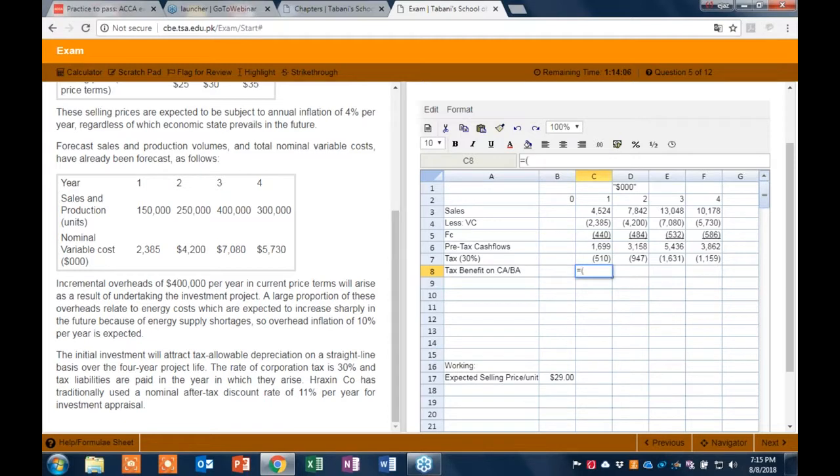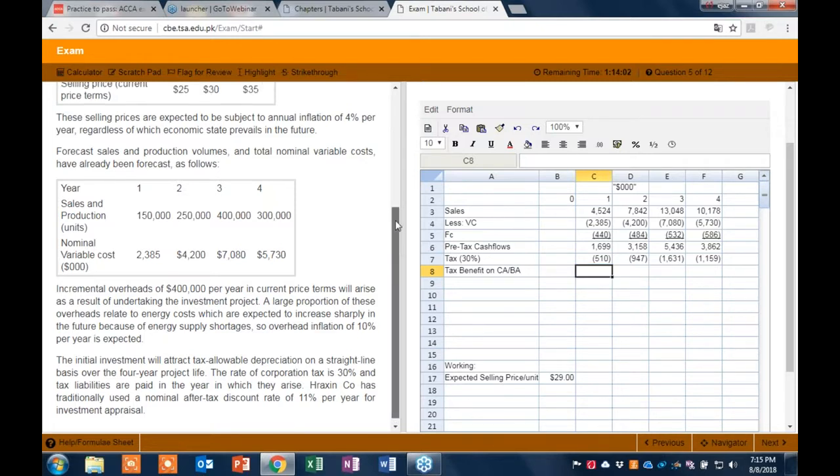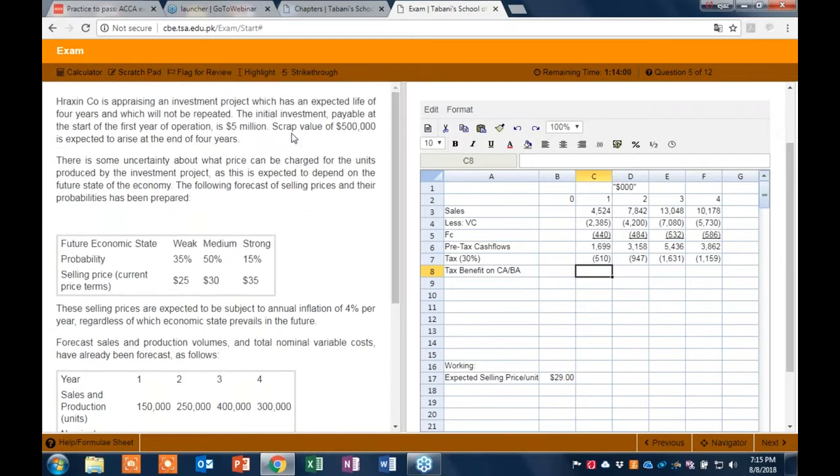So let's calculate the capital allowance for every year. The cost of the asset was 5 million, which means 5,000 as we write in thousands. And we'll deduct the scrap value from this, 500, and divide it by 4 to get the capital allowance figure. Now this is the capital allowance figure for every year.